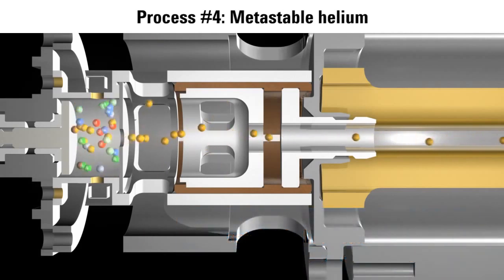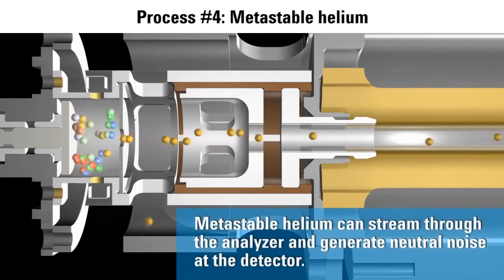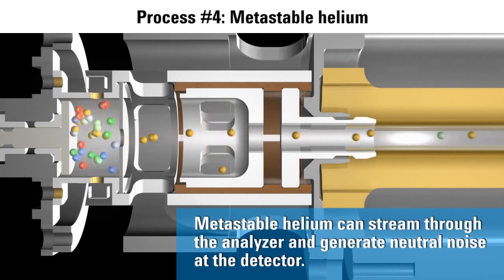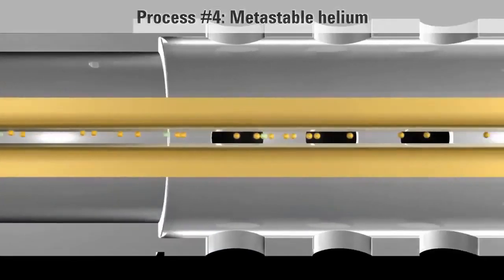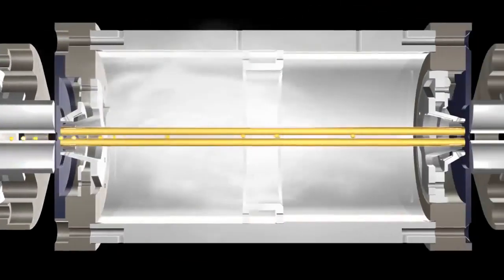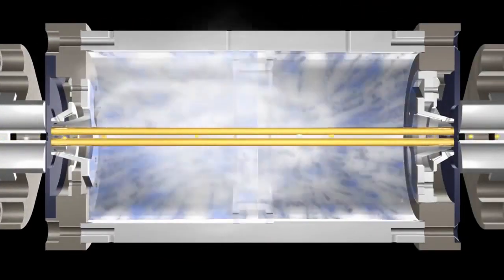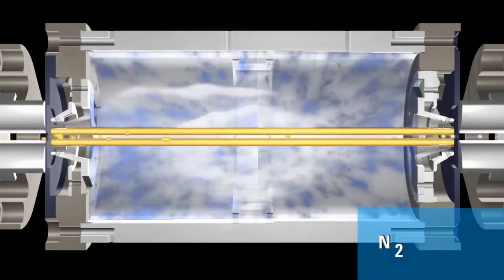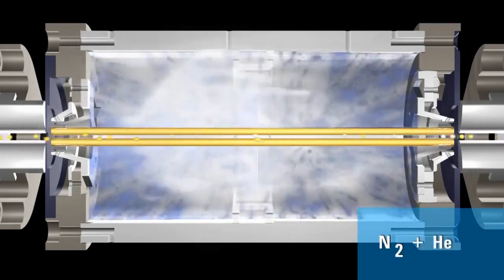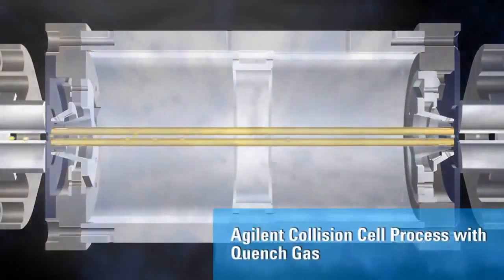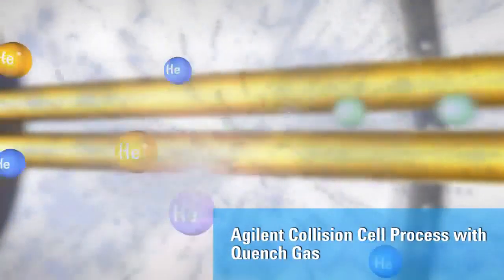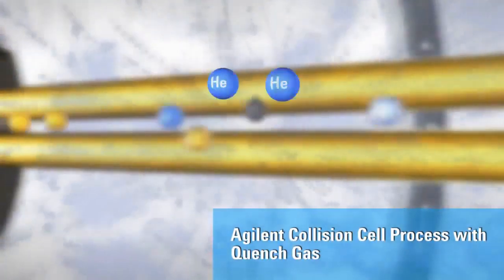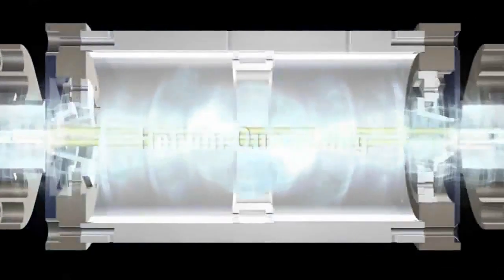Some will follow a path parallel to the analyzer and have a high probability of traversing the entire analyzer assembly to the HED-EM detector. During the development of the 7000, Agilent engineers realized a small flow of helium added to the nitrogen collision gas was a very effective way to reduce the transmission of metastable helium through the collision cell. We call this patent-pending solution helium quenching.